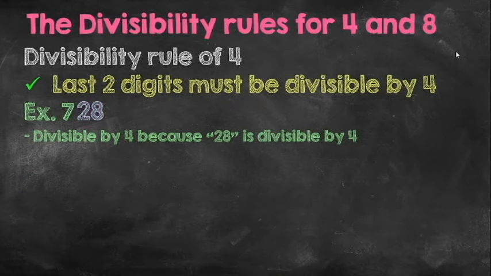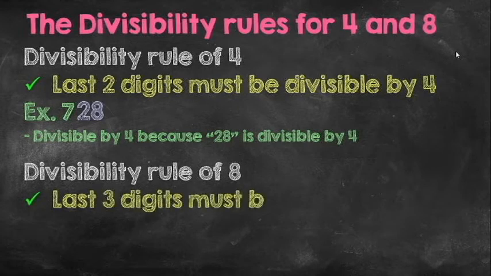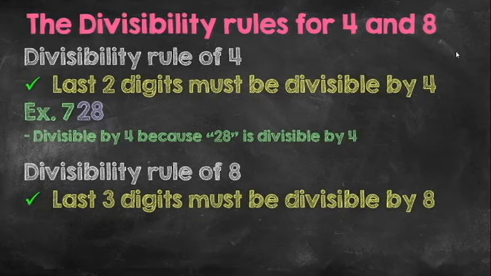While the divisibility rule of 8 is somewhat like the divisibility rule of 4, but instead of looking at the last 2 digits of the number, the last 3 digits of the number must be divisible by 8. An example is 9,264. 264, which is the last 3 digits of the number, is divisible by 8.